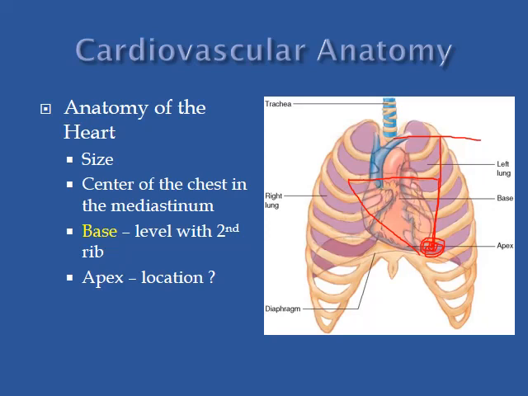So fifth ICS, MCL. The apex or the apical pulse or the point of maximum impulse is also this location. And when you're hooking up your 12 lead, V4 goes right here, fifth intercostal space, midclavicular line, the apex of the heart.